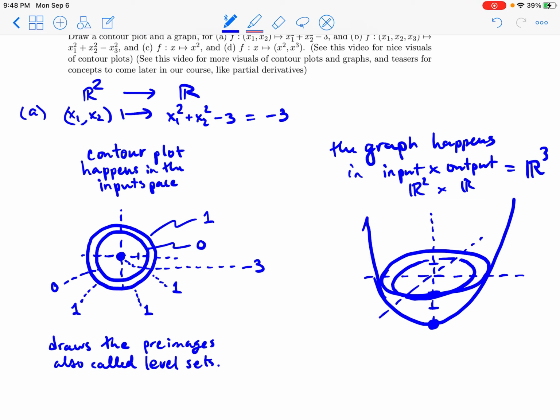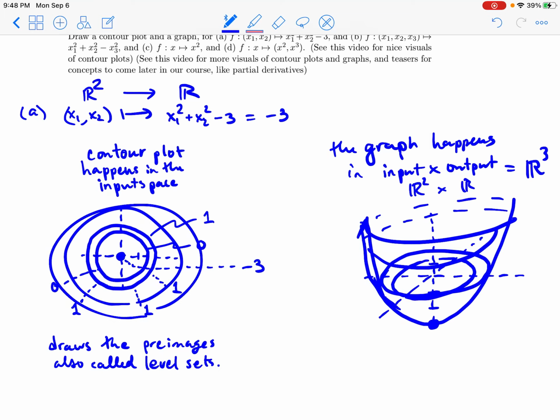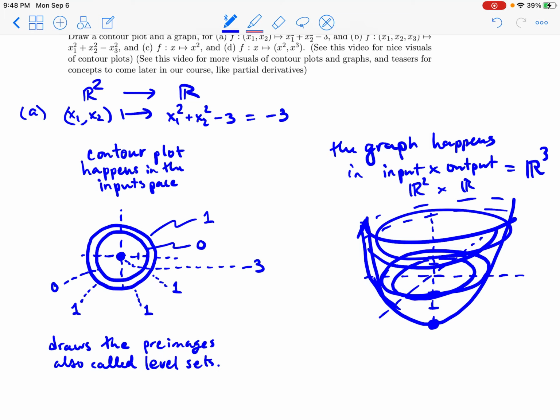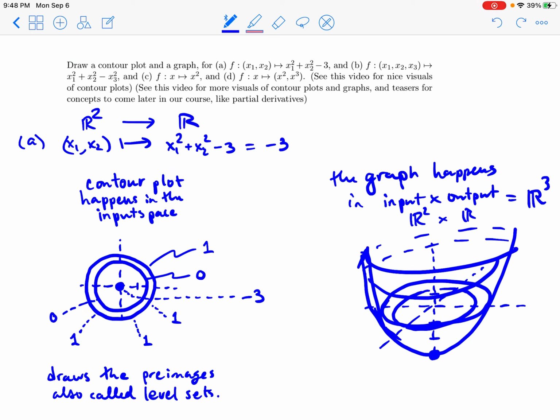And so actually what we get is here like a bowl shape. And so the graph is the bowl. Each of these bigger and bigger circles gets higher and higher on the bowl. Okay. So draw a contour plot and a graph for A.